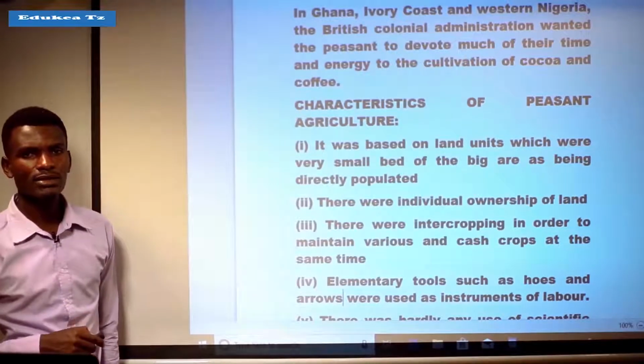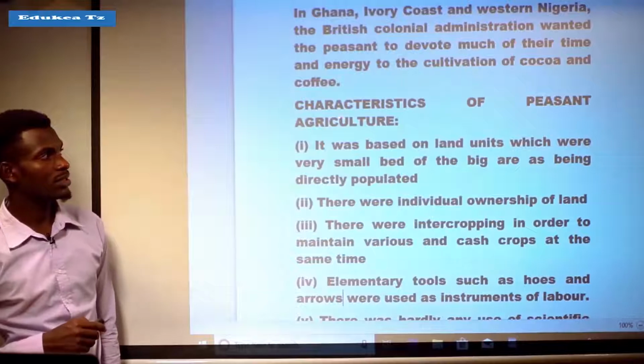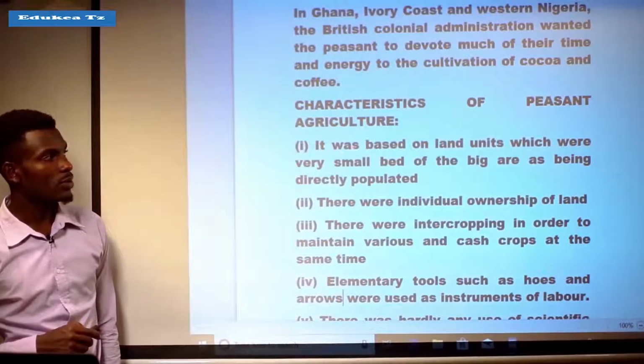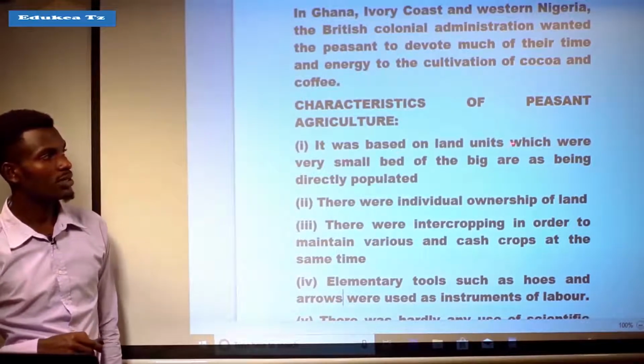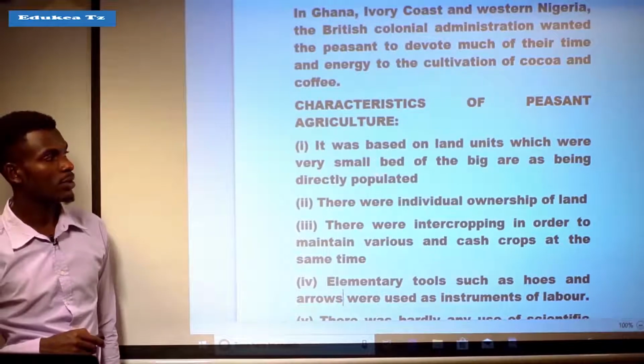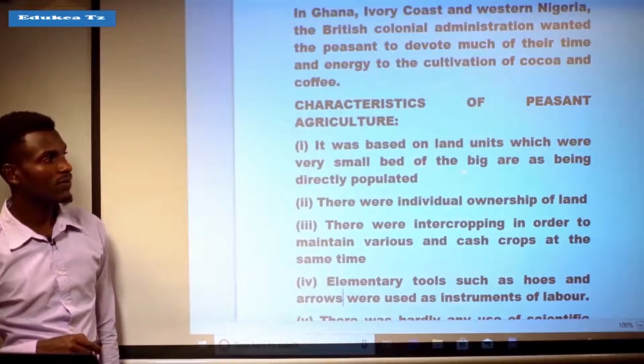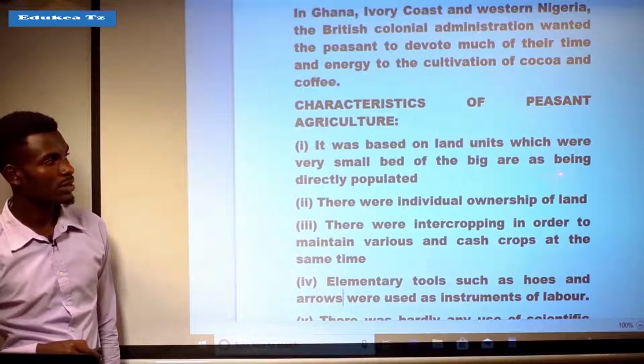Let us see the characteristics of peasant agriculture. The first one was that it was based on land units which were very small and highly populated.